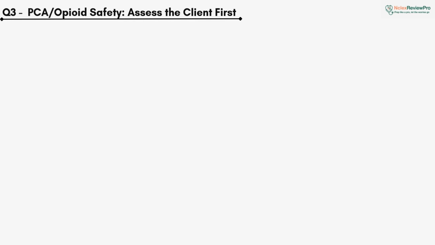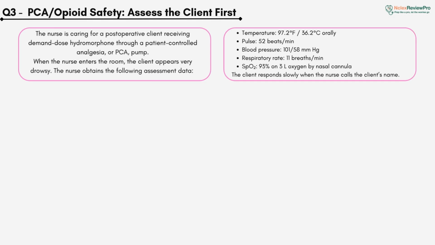Question 3. NGN type. Bow tie. Clinical scenario. The nurse is caring for a post-operative client receiving demand dose hydromorphone through a patient-controlled analgesia pump, also called a PCA pump. When the nurse enters the room, the client appears very drowsy.